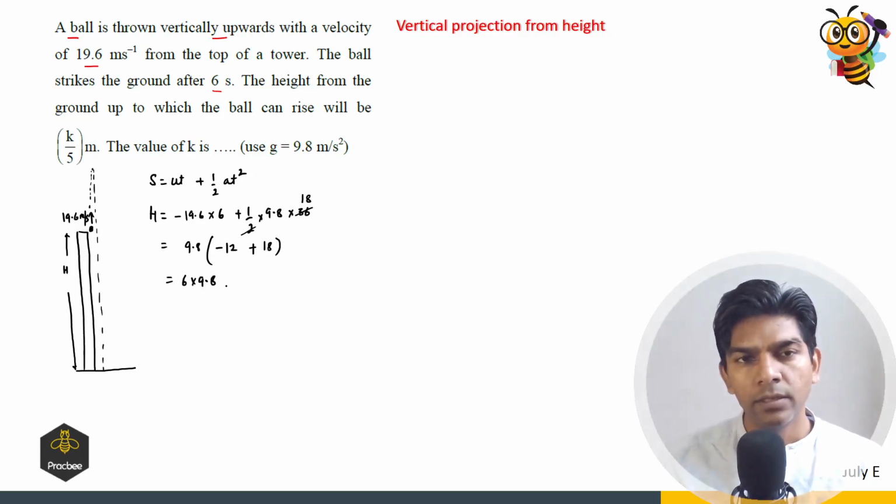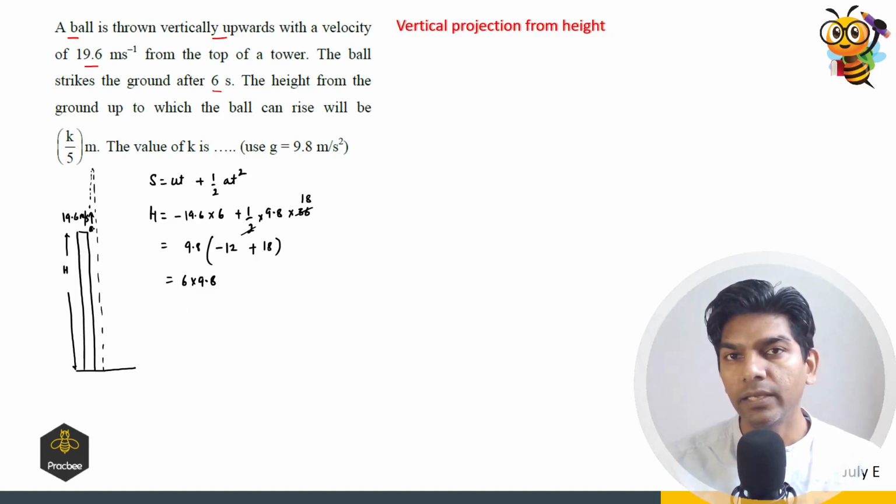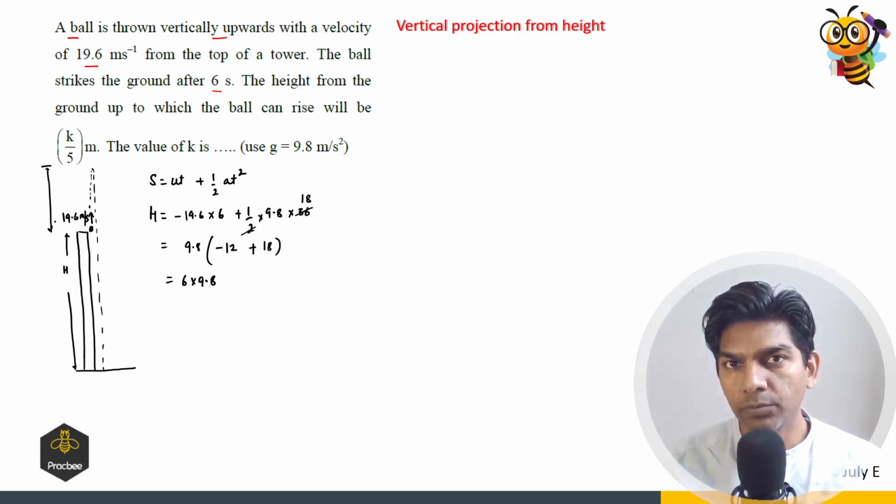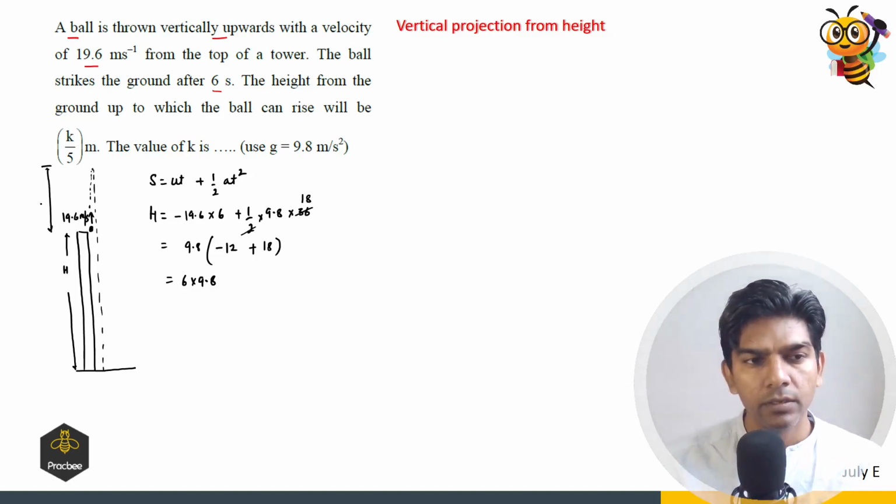So we got the height of the tower, and now we have to find the height from the ground. What is the maximum height attained? We can apply the third equation to find the maximum height attained by the ball from the top of the tower. Let me call this small h.